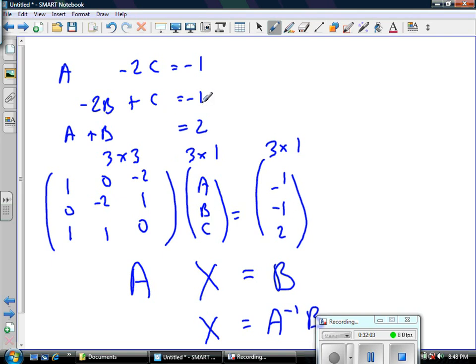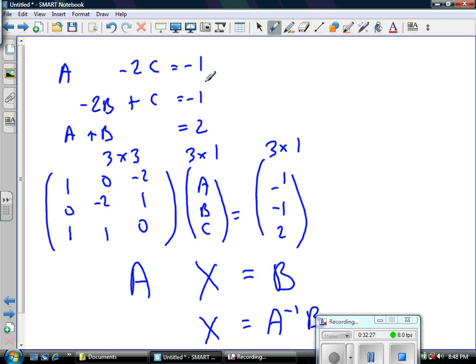You ever do vectors in 3 space? It's like an X, a Y, and a Z, or an I, a J, and a K vector? No, nobody knows. Okay. All right. Multiply this row vector by this column vector as a dot product or a scalar product. 1A plus 1B plus no C is 2. This is the same as this.